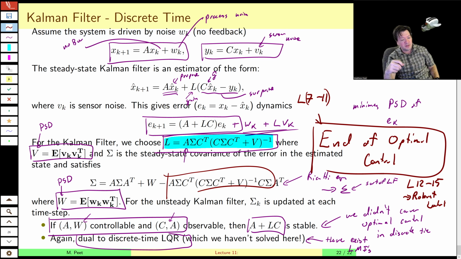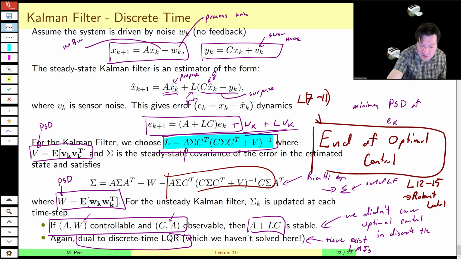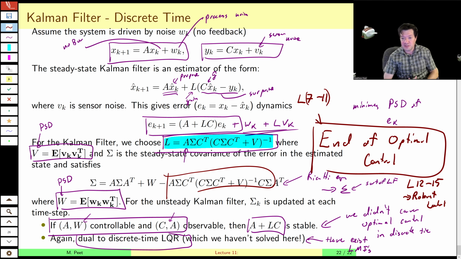We'll see that there's a strong relationship between optimal control and robust control in terms of the LFT, in terms of minimizing H-infinity norms and guaranteeing closed-loop stability and things like that. But that will wait for future lectures and future discussions. So at this point, I will end this section of the course and wish you luck in your optimal control problems.